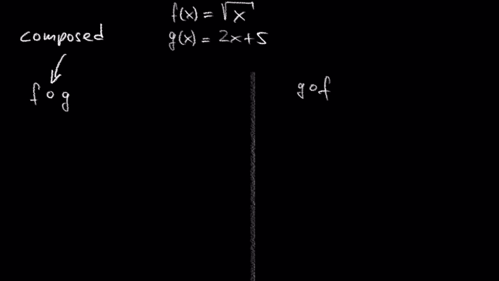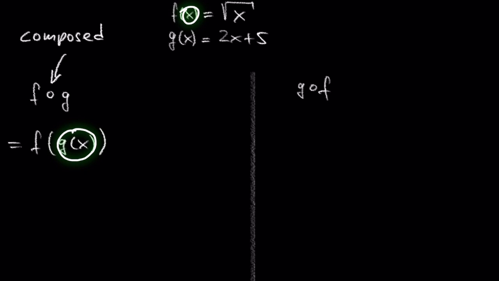What does f composed with g mean? That's simple. F composed with g just means f of g of x. This looks complicated for beginners, but it's really simple. Instead of f of x, we now have f of g of x.